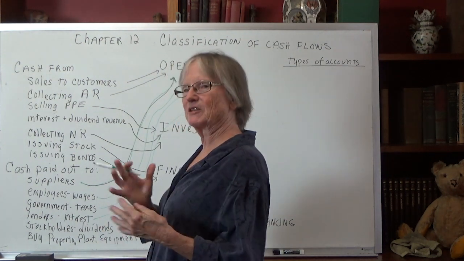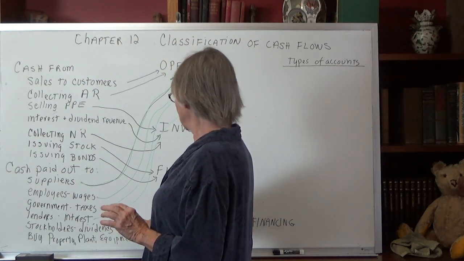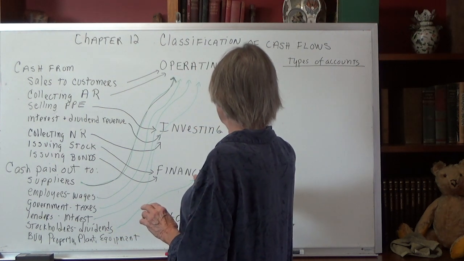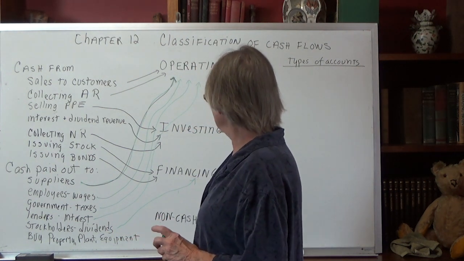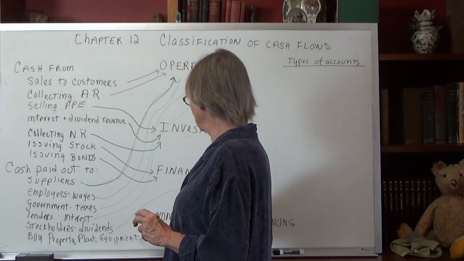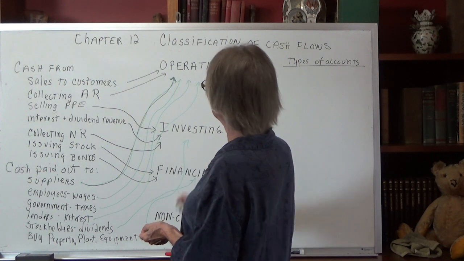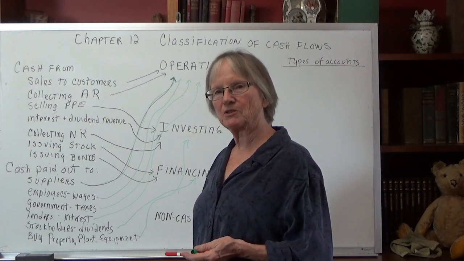And this will start to make sense a little bit later on. But when we're paying dividends to stockholders, that's going to be a financing activity. And when we're paying cash out to buy property, plant, equipment, that's going to be investing. This got really messy really fast.